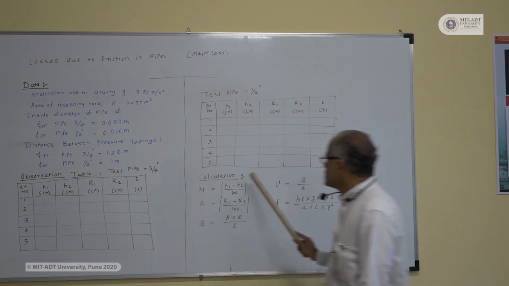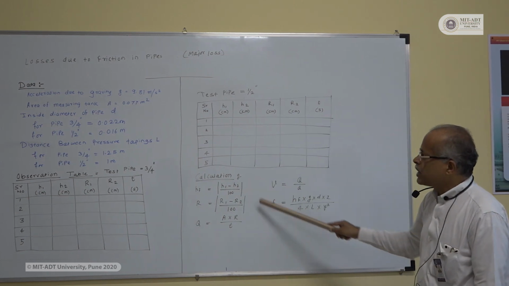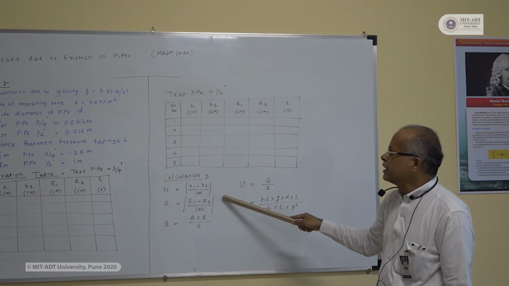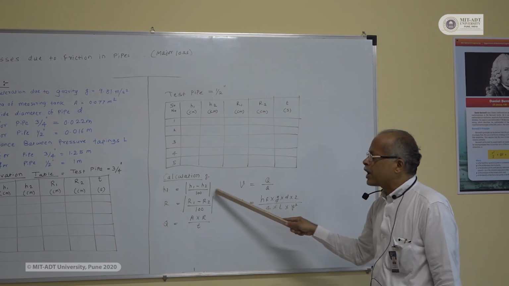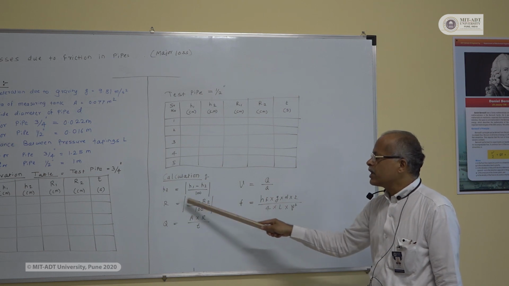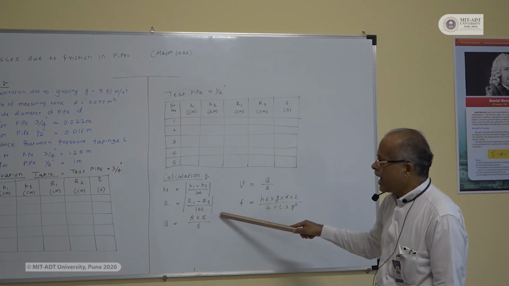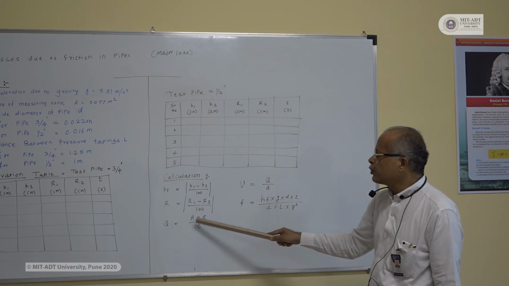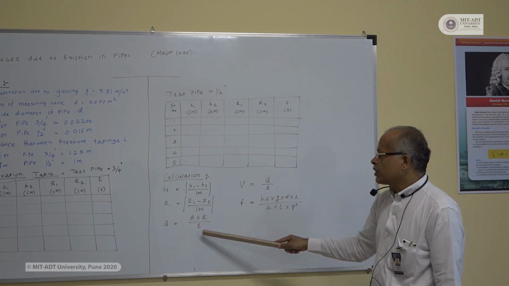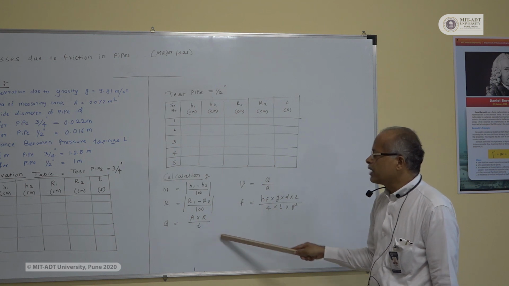The head loss is (H1 minus H2) divided by 100. We use manometers for measurement of this. R is the level difference in the measuring tank, and the flow rate Q is area of tank times level rise, divided by the time for that level rise.